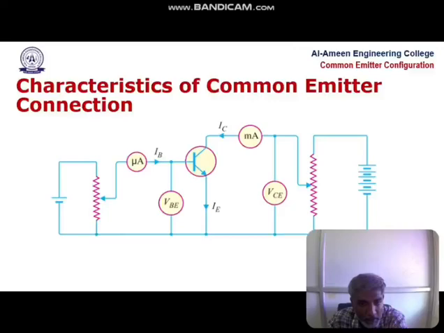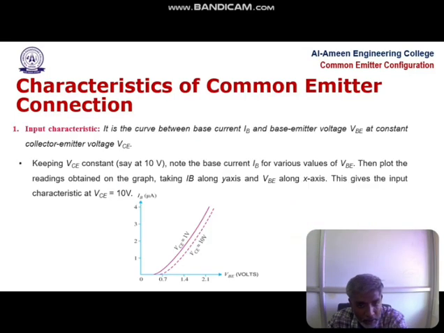This is the main characteristics diagram of a common emitter configuration. Here we are using ammeters to measure the base current and collector current, and voltmeters to measure the base emitter voltage and collector emitter voltage. Let us see how current and voltage can be derived from the characteristics.